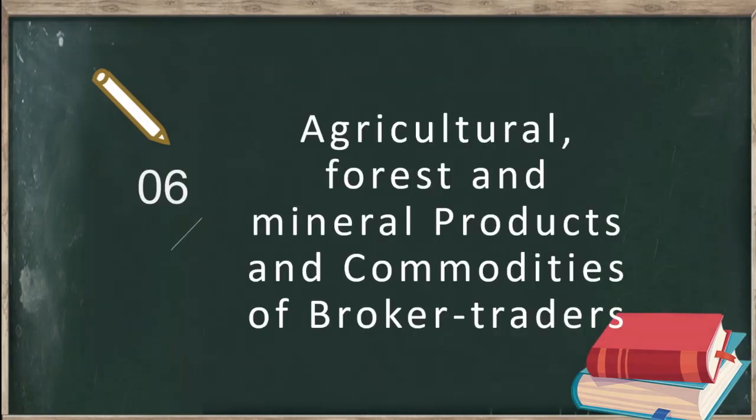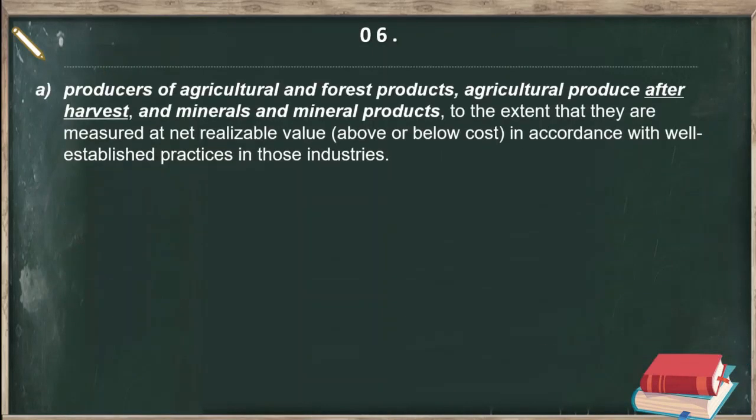Then, how about the agricultural, forest, and mineral products and commodities of broker traders? So, for producers of agricultural and forest products, agricultural produce after harvest, and mineral products to the extent that they are measured at net realizable value in accordance with well established practices in those industries.